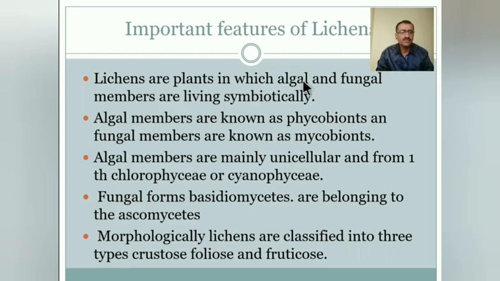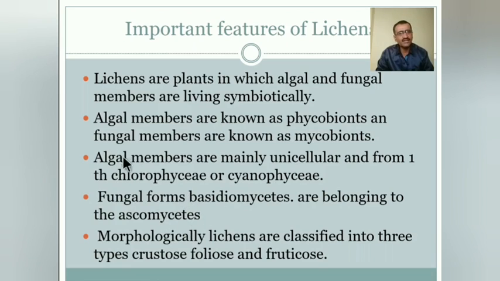Next, the algal member is known as the phycobiont, as we know, and the fungal member is known as the mycobiont. Algal members are mainly unicellular and form the Chlorophyceae or Cyanophyceae members. As we noted, the fungal member has 2 groups, Basidiomycete or Ascomycete.